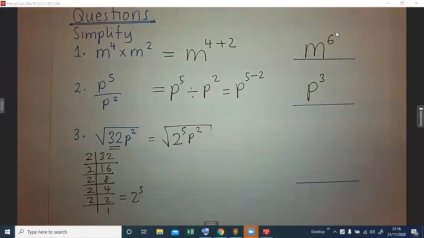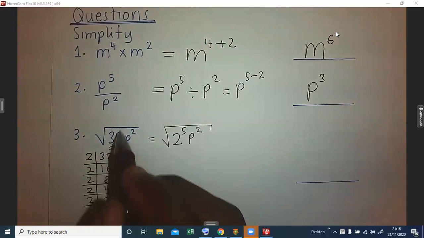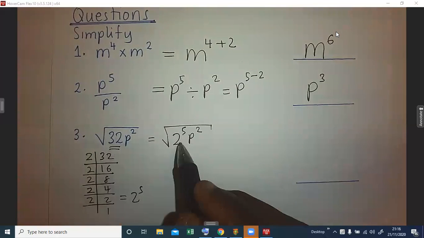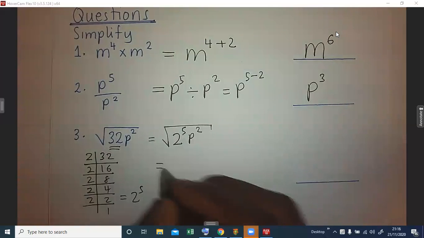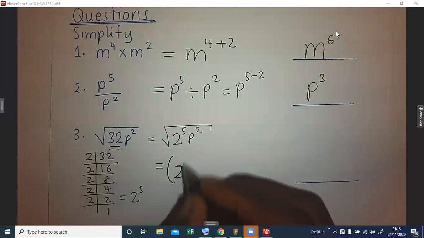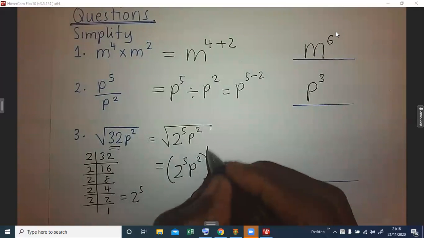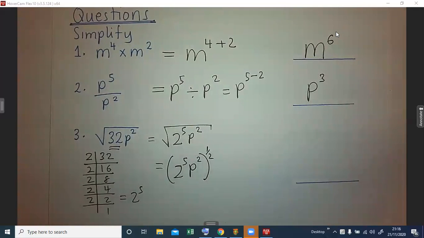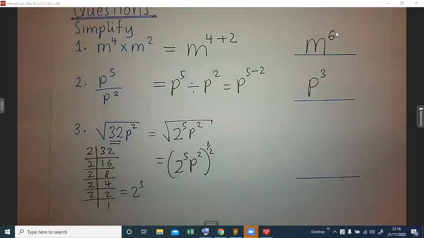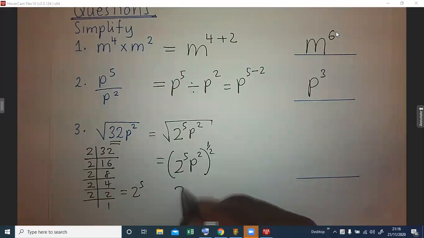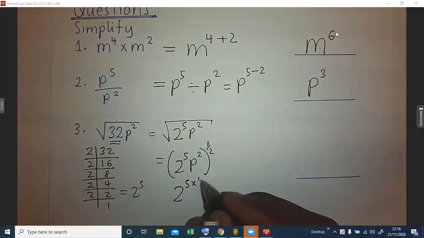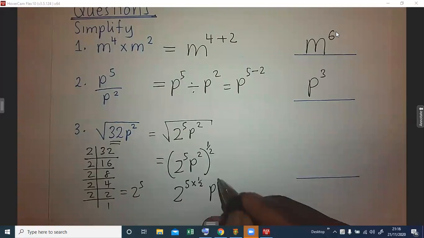So that's what you have learned right now, that whenever you have a big number, change it to its product of prime factors. Then continue. The next rule here, if you remember, change the square root to power half. After changing the square root to power half, now we have got powers inside and powers outside. This means the powers inside will multiply with the outside power.